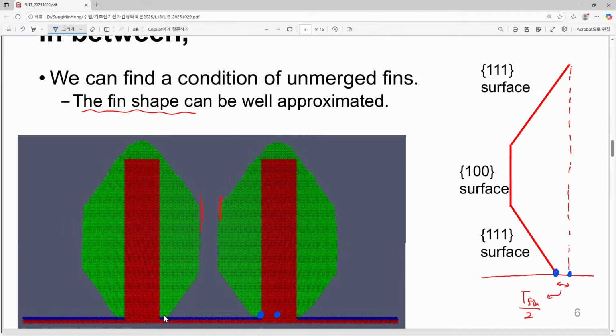In practice, we have a small difference here. Although we suppress the growth attached to the silicon dioxide, we still have a very slow growth along this direction. But that is neglected, so a small error comes in here.